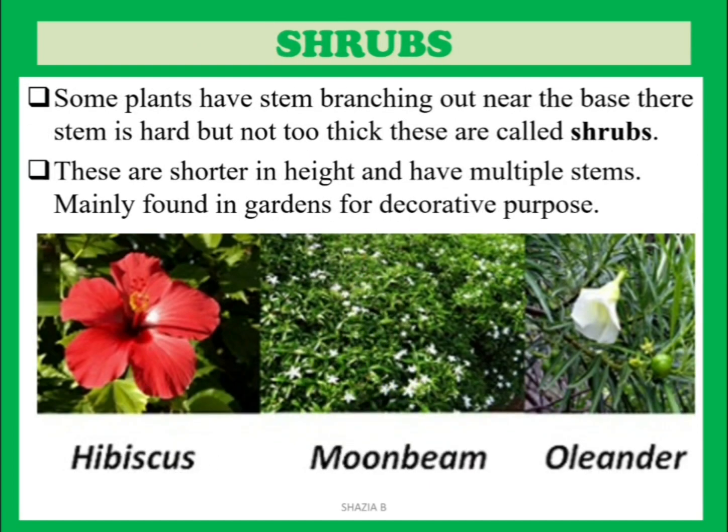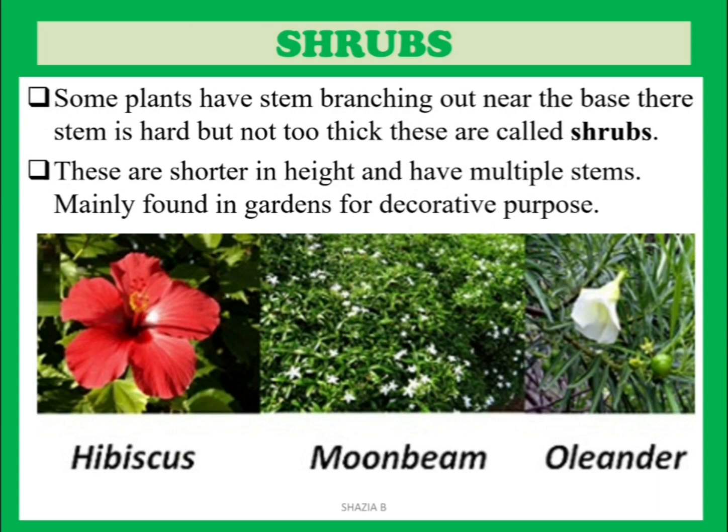The next type of plants based on size is shrubs. Shrubs are those plants which are medium in size, that is, neither too small nor too big. Examples are our rose plant, hibiscus and jasmine.